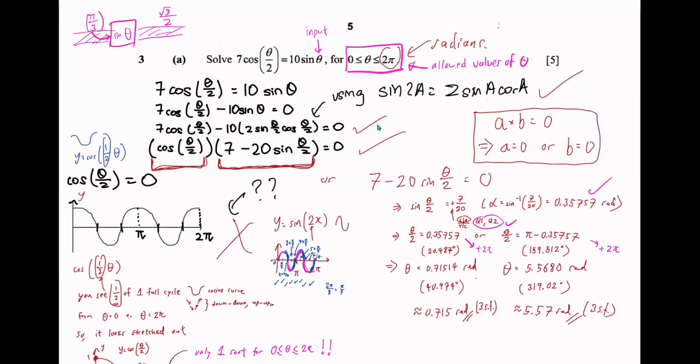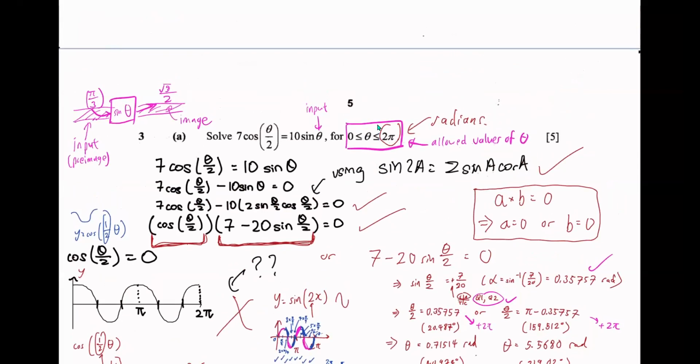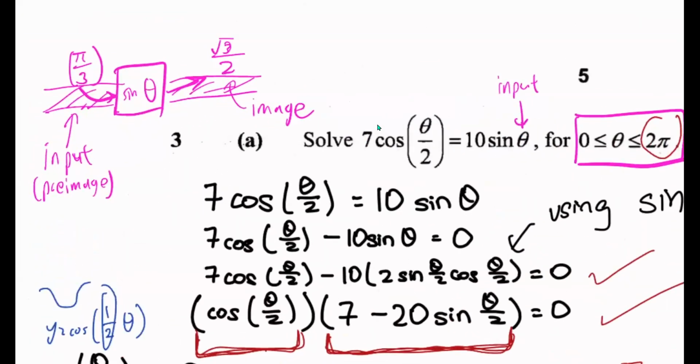What goes in and what goes out: what goes in is known as the input, or the more professional word, pre-image. What comes out is called the image. Then the allowed values of inputs, the set of all the allowed values of inputs, is known as the domain.